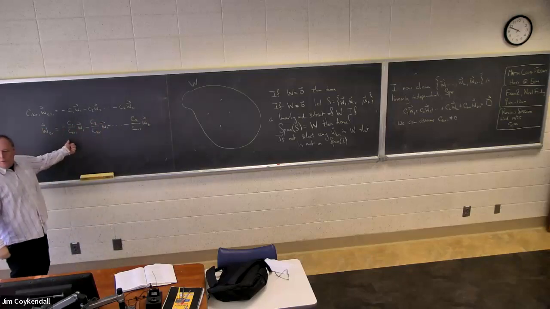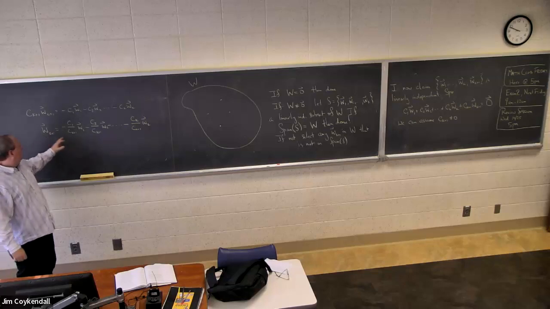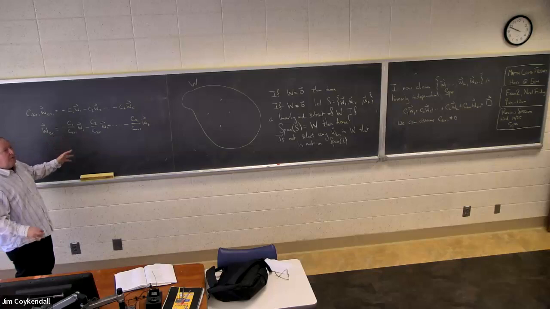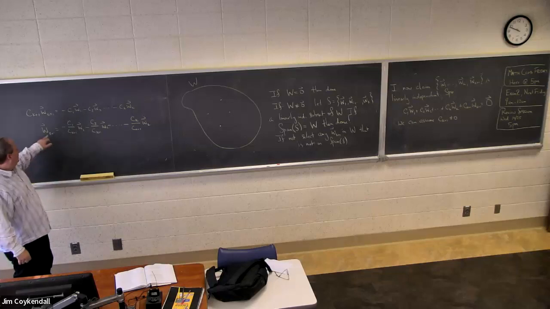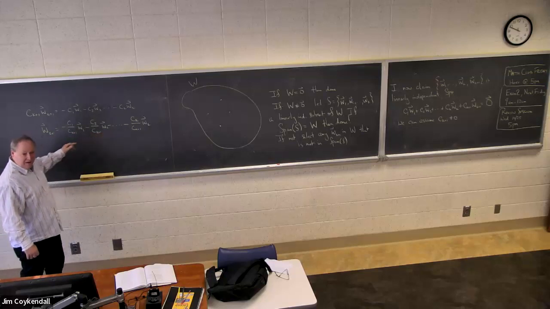And tell me, what does this mean? What is this equation? The equation should speak to you like the voices to me. What's this equation telling? This thing is in the span of the other ones. Everybody agree?